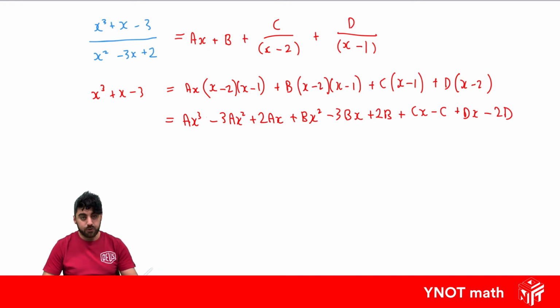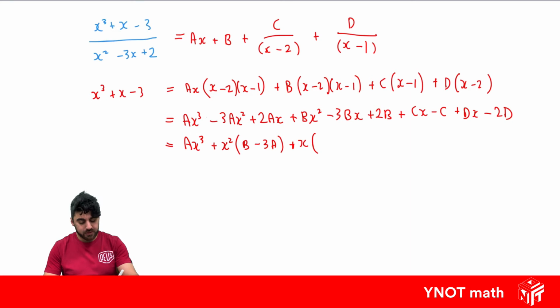Now we've got to group our cubes, squares, and x's and constants together. So there's only one x cubed term. So we've got two x squared terms. So we'll write plus x squared and then we'll factorize. So we've got the b and the minus 3a. The x terms, we'll factorize and group at the same time.